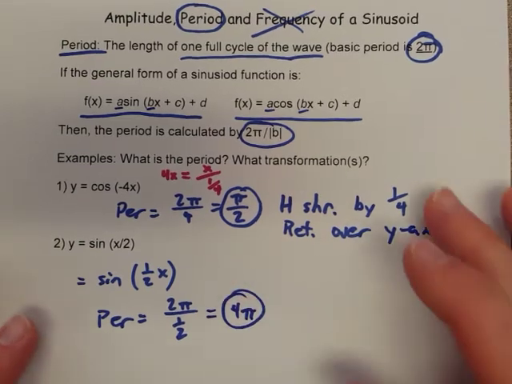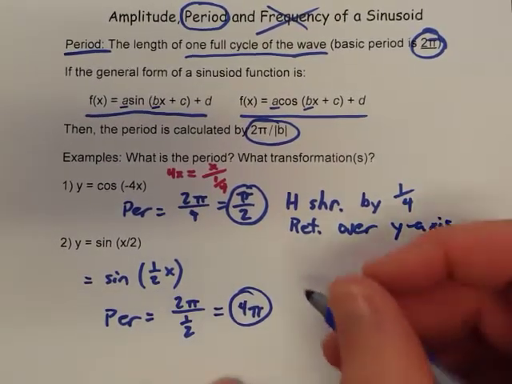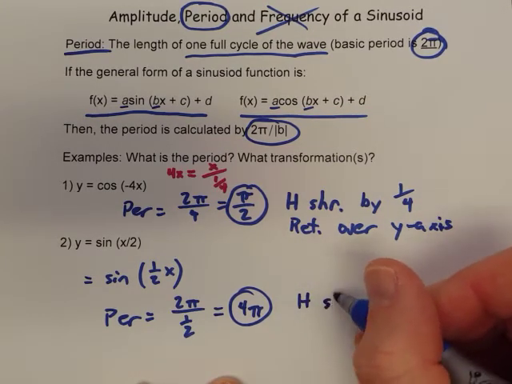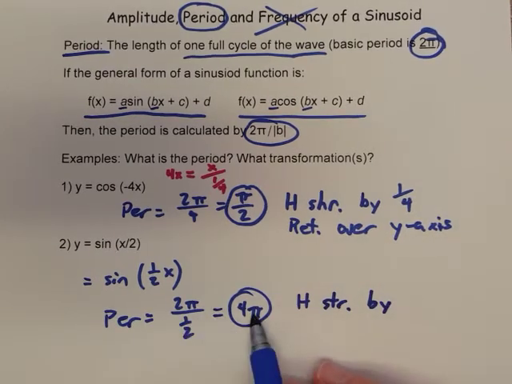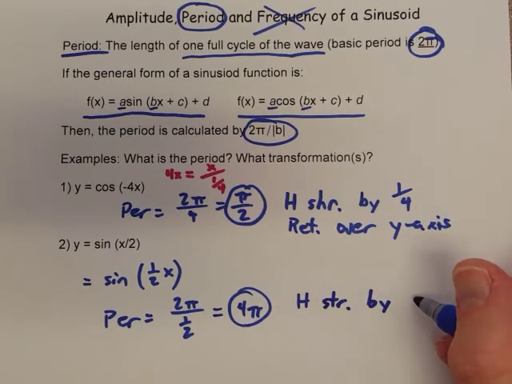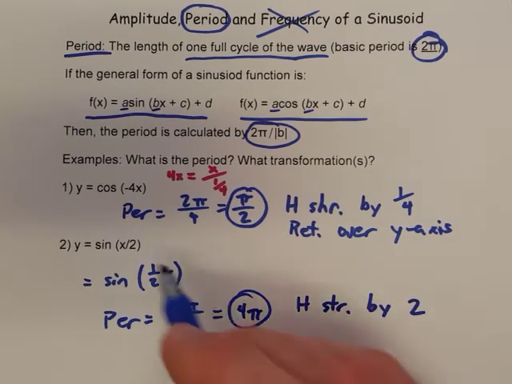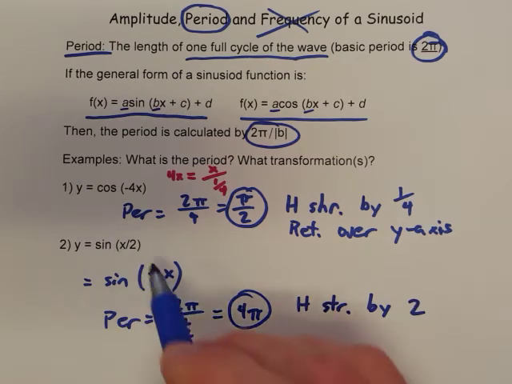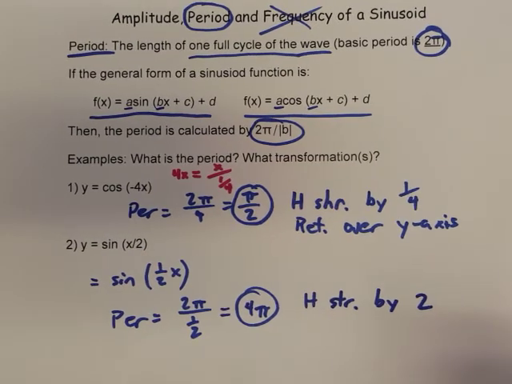And so if the period is 4 pi, what that means is that in this case instead, the period's getting longer, so this is a horizontal stretch instead. Now it's twice as big, so we say it's a horizontal stretch by a factor of 2. And again, we can think about horizontal stretch and shrink based on the x divided by some number, so that factor is just straight out of this denominator that we have right there.